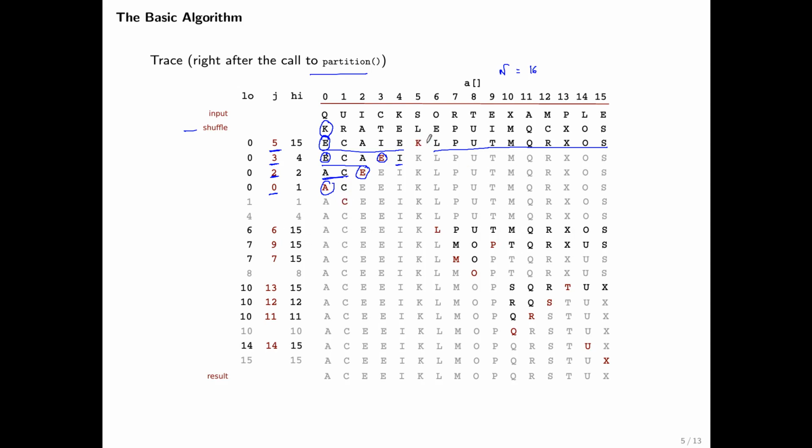So we call sort on the right hand side of the pivot k, okay, which ends up picking this guy as the pivot, and then it places the pivot at some location which is given by j equals 6 here.